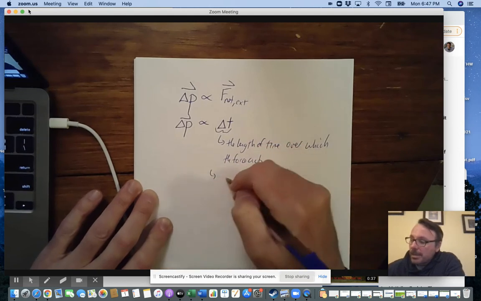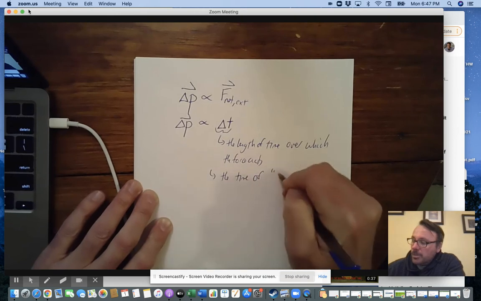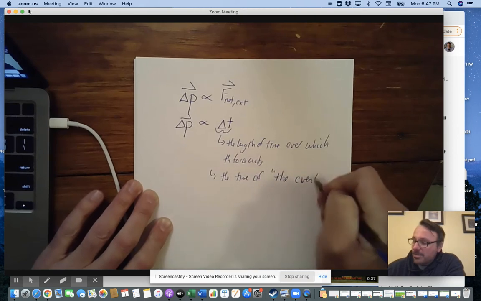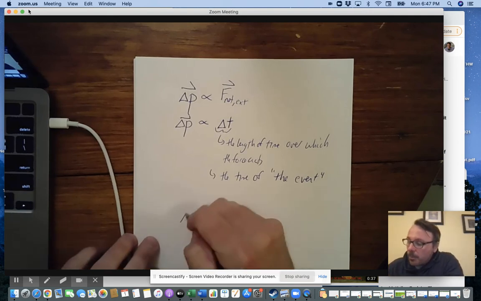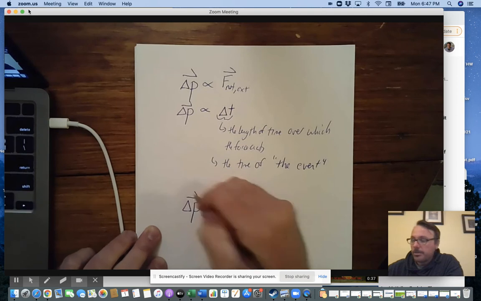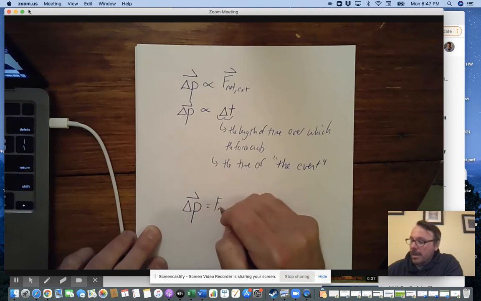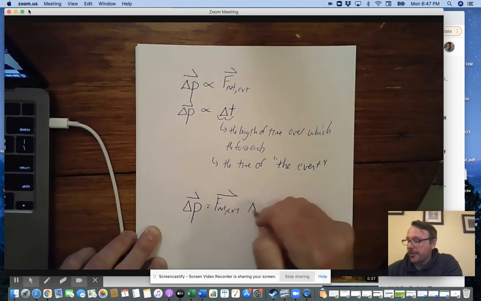Oftentimes this is going to be the time of what I'm just going to call the event, whatever that means, the event, okay? So if I put those two notions together, what I end up with is an equation that says delta P vector is equal to F net external vector delta t.